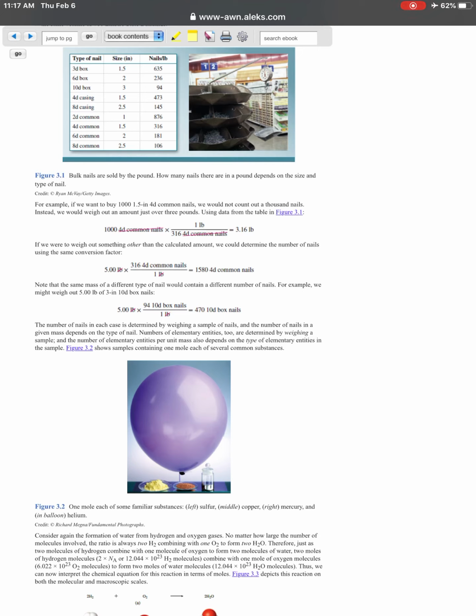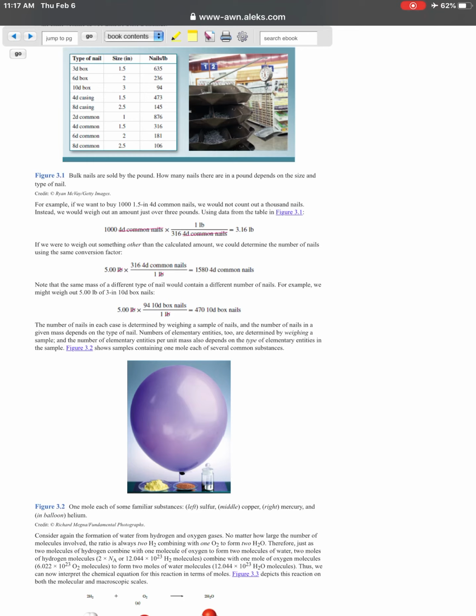Well, you weigh out the 5 pounds, and there's 316 nails for every pound. So you multiply it by 316, and that gives you 1,580 of those nails. You've now counted those nails. What if you had a different type of nail? The 10D box. That's the third one in the table. Well, there's 94 nails in one of those pounds.